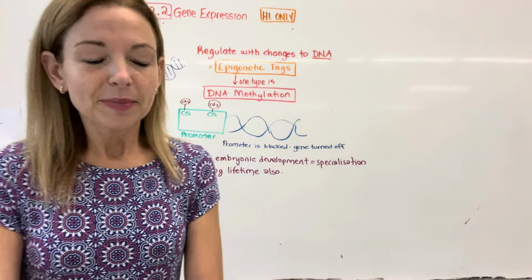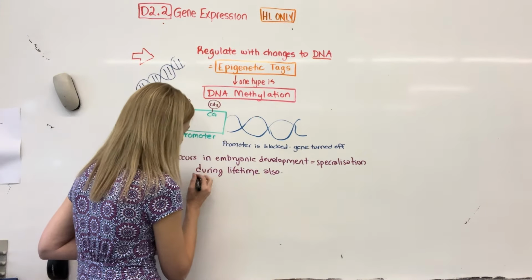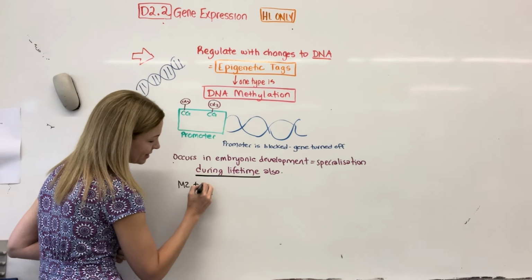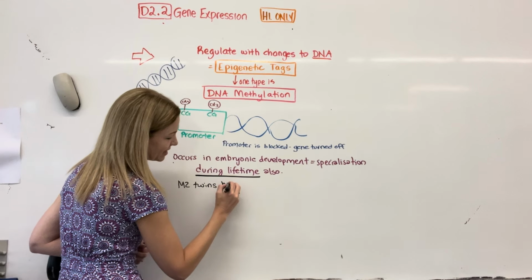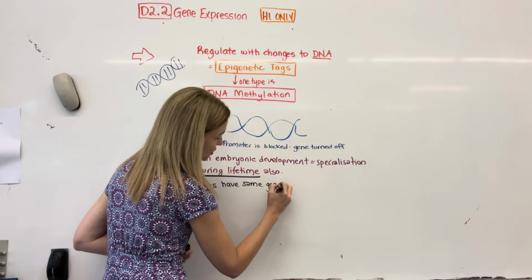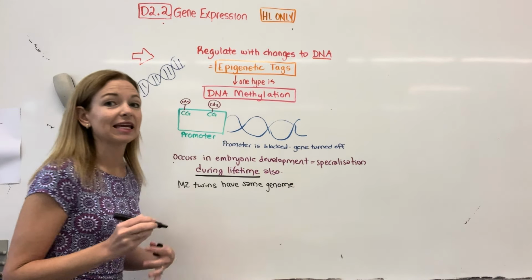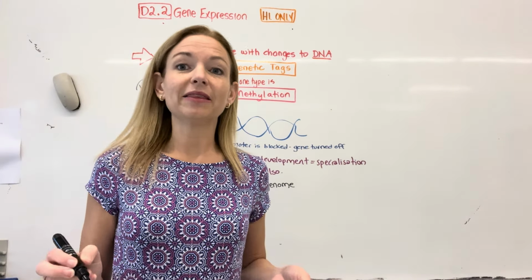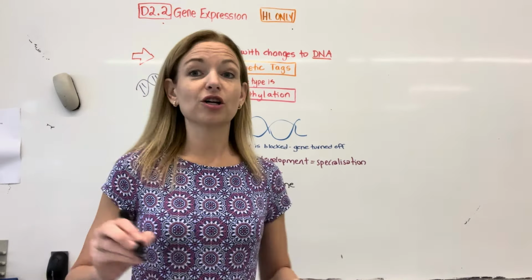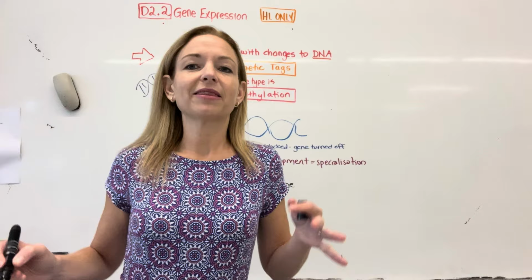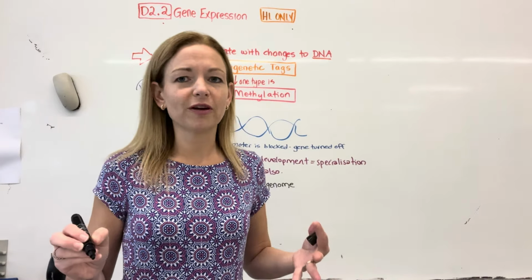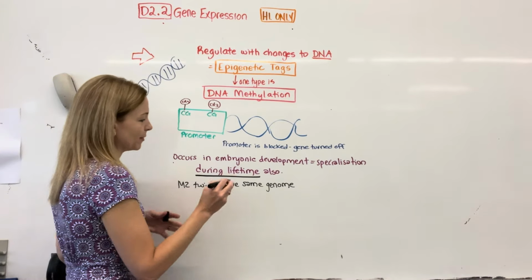which is going to be important. Because it happens during the lifetime, what's interesting is that monozygotic twins have the same genome, but they actually have different methylation patterns, particularly as they get older. Initially they're going to be very similar, but as they get older, their experiences are going to differ, and they're going to end up methylating different genes as they adapt to their environment, as they cope with their environment, and so it ends up becoming more different.